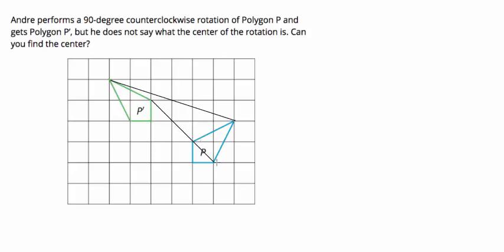If you did this on paper you could measure it, or if you had some tools you could measure, but it looks like the center point is about right here. And then I'm going to draw a line that's perpendicular to this line. So I'm going to draw a line right here, and I'm just going to extend that.